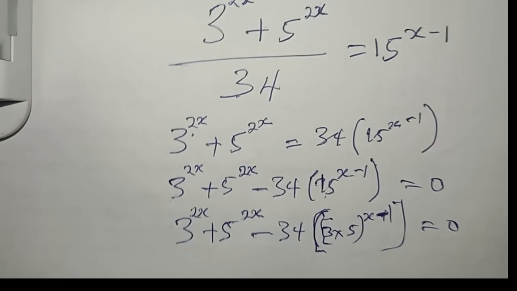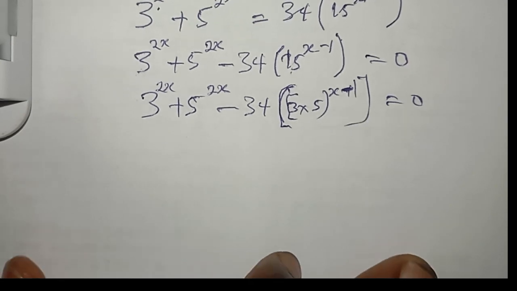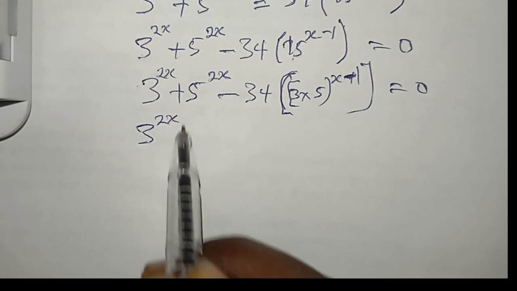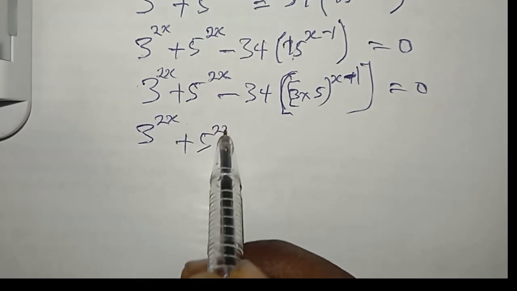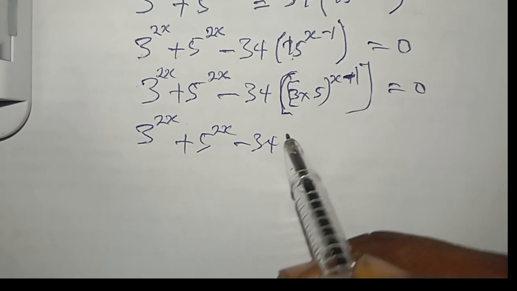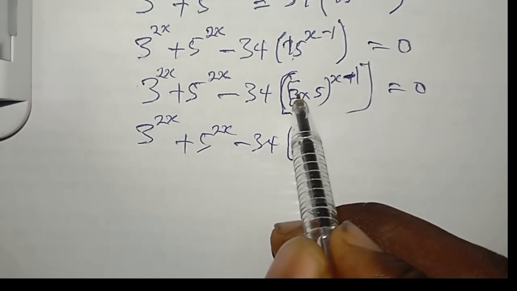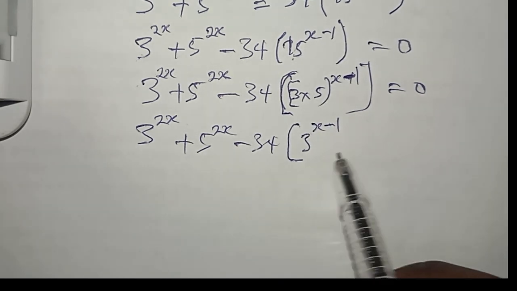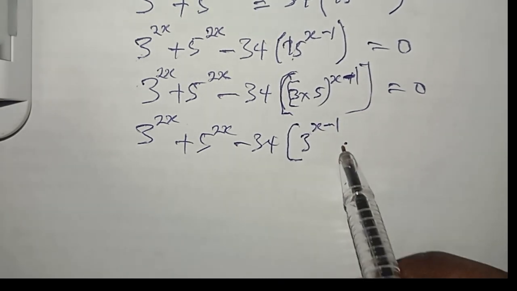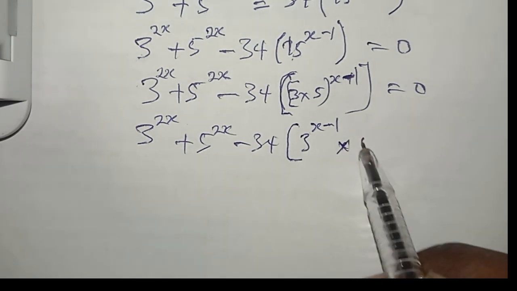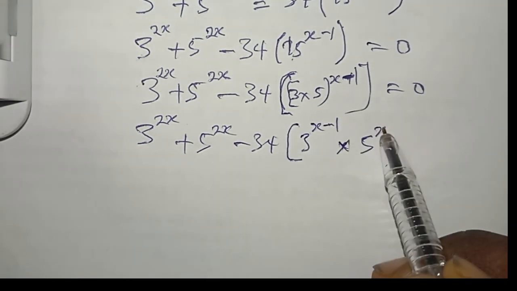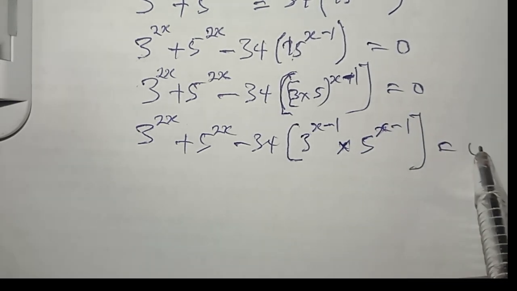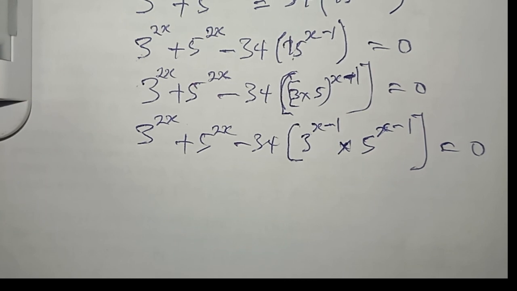Okay, so I can split that bracket right there. If I do that, what I'm going to be having is 3^(2x) plus 5^(2x) minus 34 into, so I can have that this is 3^(x-1), and then multiplied by 5^(x-1). Of course it's equal to 0.